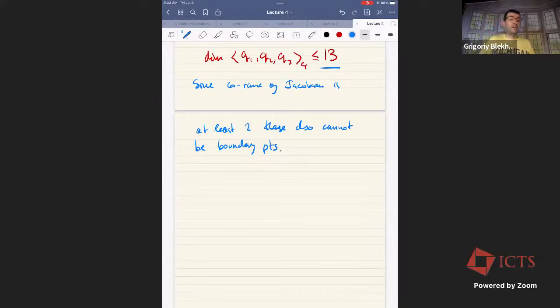So then, what is the only possible case of boundary points? The only other case is that Q1, Q2, Q3 have a common real zero.